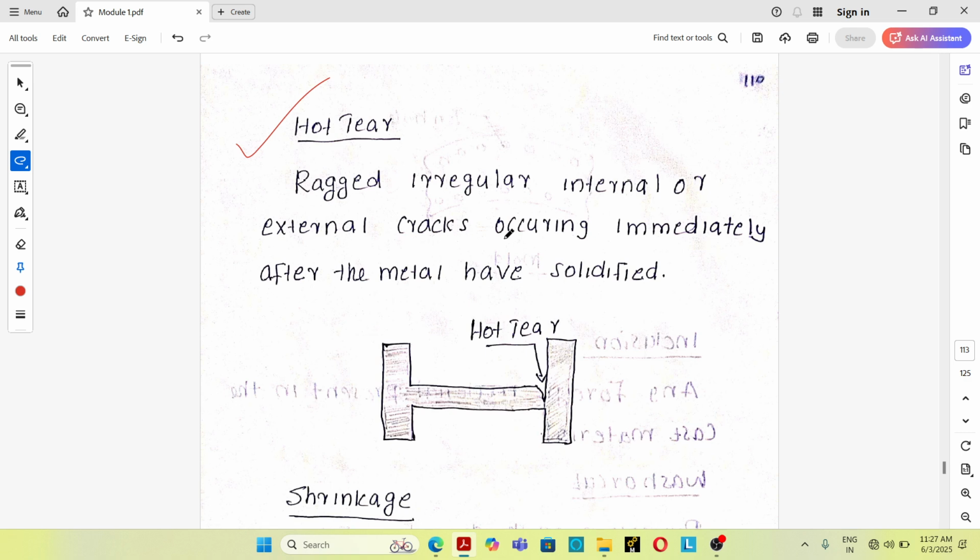Abrupt change in section means sudden change in section. If we have any sharp corner, a crack will be produced immediately after cooling, and that is known as hot tear. So hot tears are defined as irregular internal or external cracks occurring immediately after the metal has solidified.